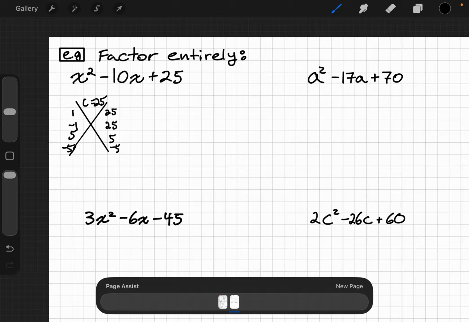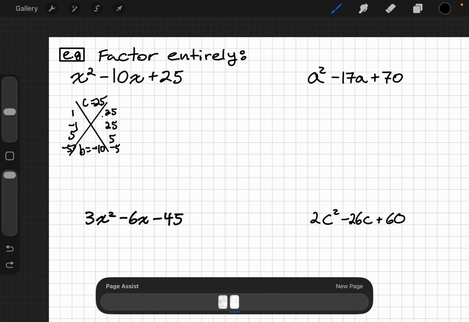All right. And then the b value is equal to negative 10 here. Remember, plus bx. In this case, it's adding a negative number, so it's equal to negative 10. So which pair of these factors multiply to 25 and add to negative 10? So 1 and 25, nope.